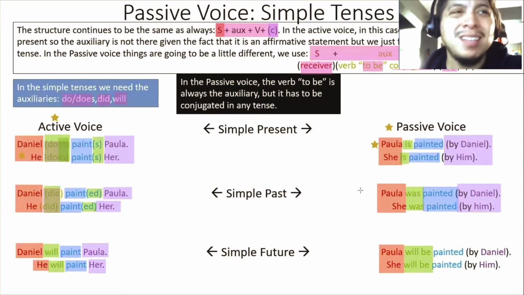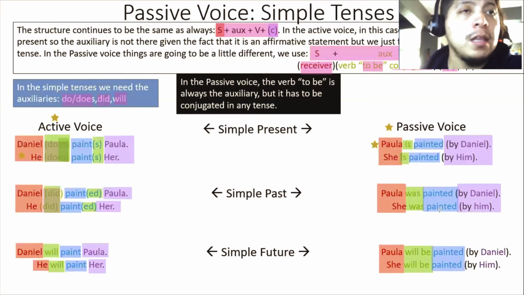Yeah, that's kind of complicated, kind of weird. But the future of be, we don't have a conjugation for the future with the verb to be. The only thing that we have to do is use will be. Then the verb is always going to be in the past participle every single time.